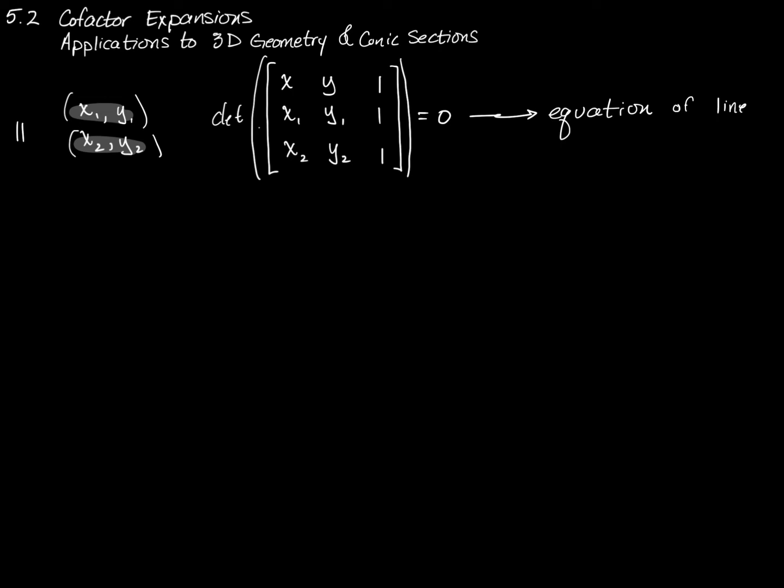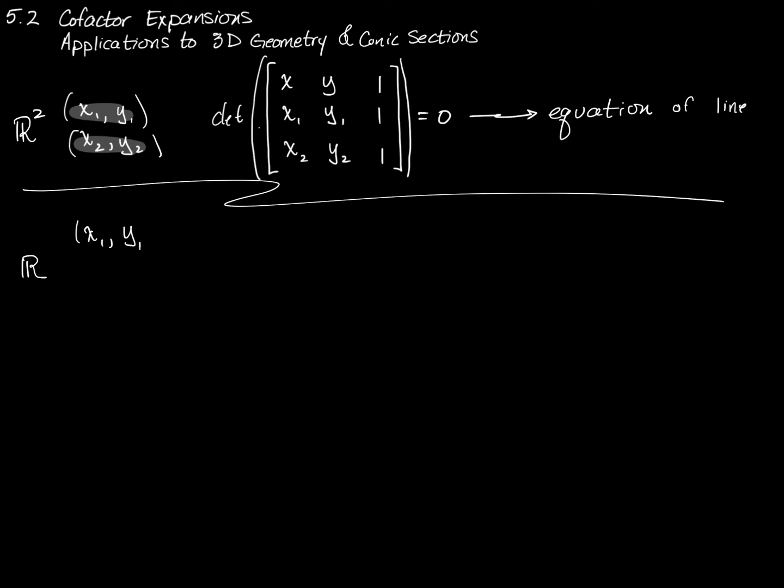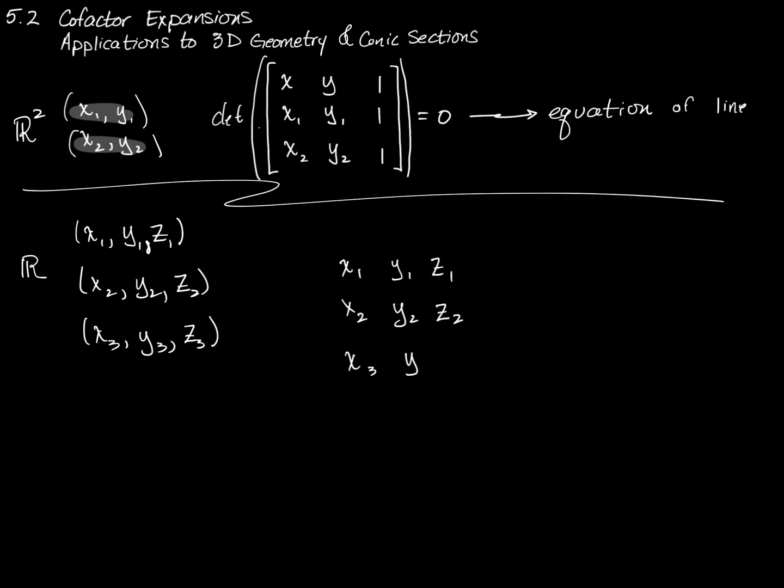In R2, that's in R2. In R3 we have something very similar. If I'm given 3 points, and I'll call them x1, y1, and z1, x2, y2, z2, and x3, y3, z3, we put those into a matrix.